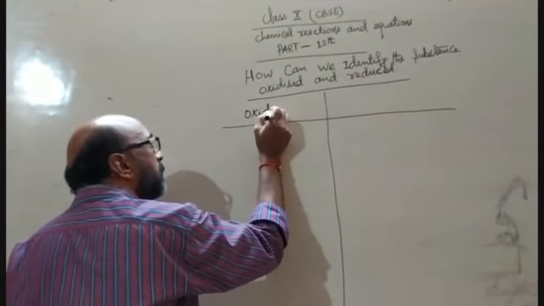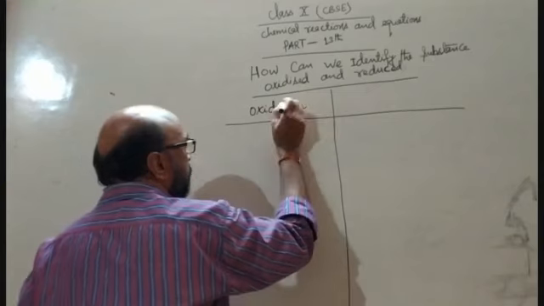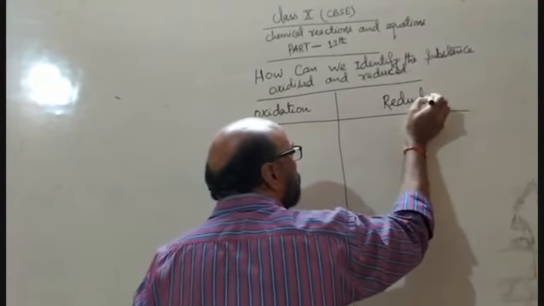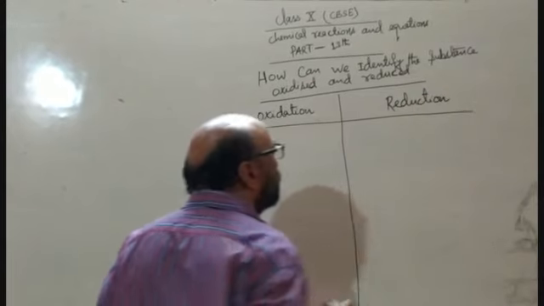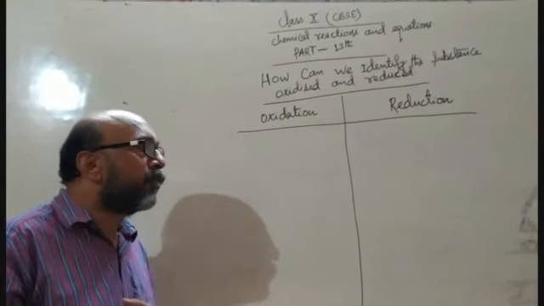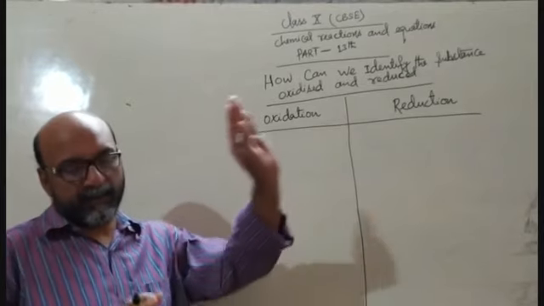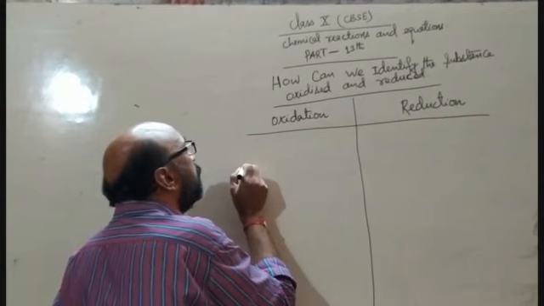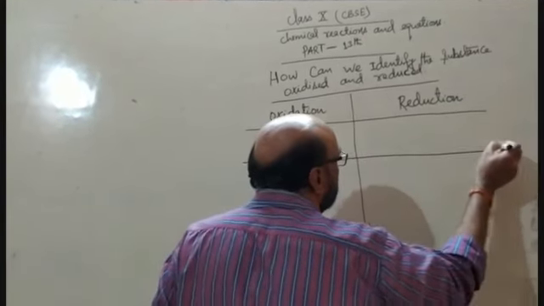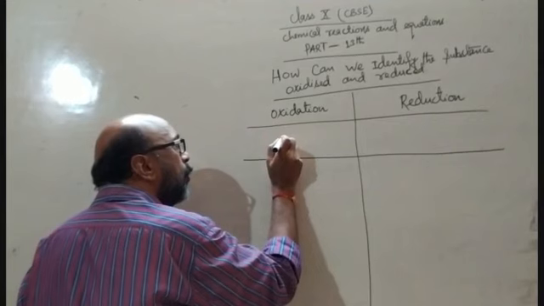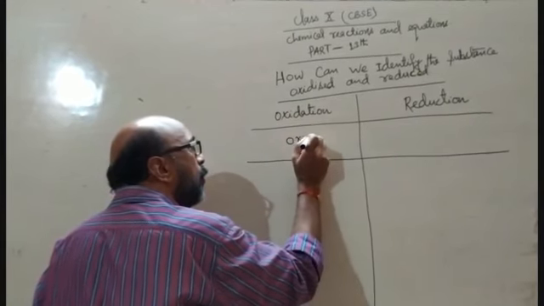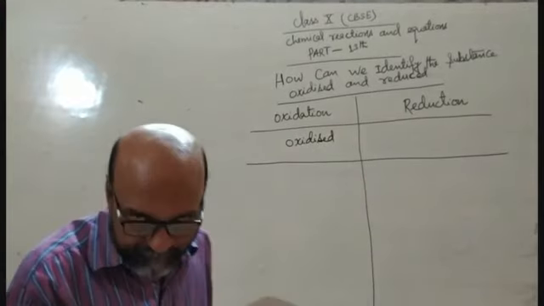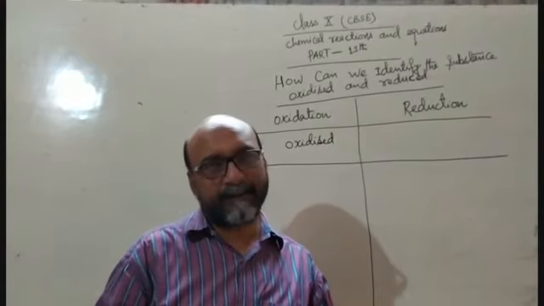Oxidation is a process. Reduction is also a process. The substance which undergoes oxidation during a chemical reaction is called oxidized, right?